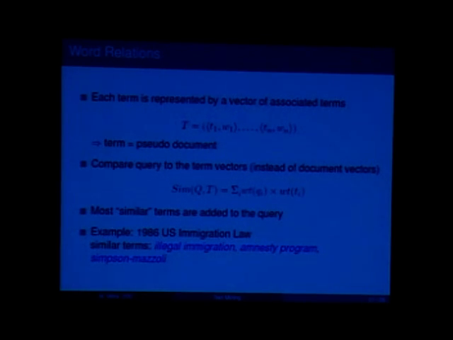Once you have this representation, given an initial query Q, instead of searching the actual document collection using Q, you could search the pseudo document collection. The similarity score is still the same. You multiply the weight of the query term, which you can take to be 1, and the weight of Ti.